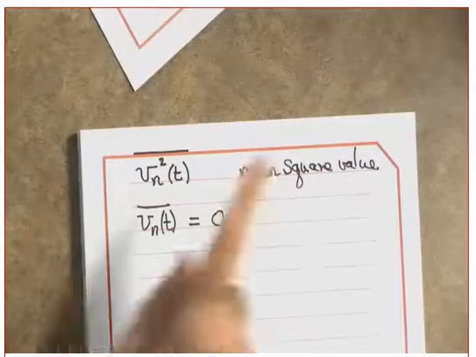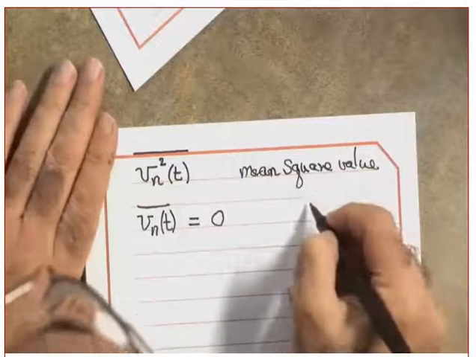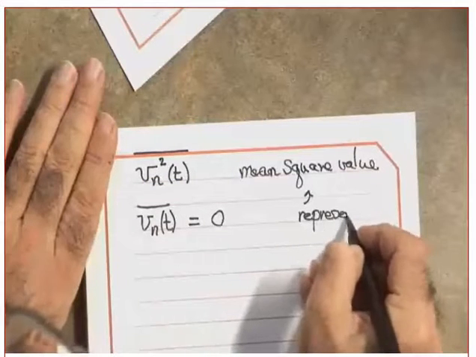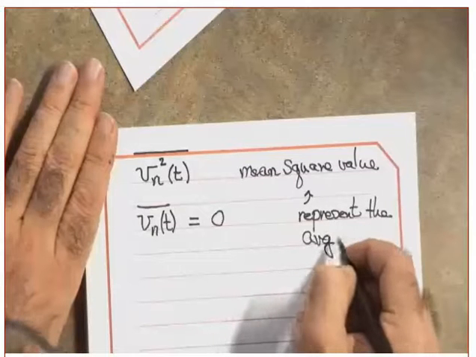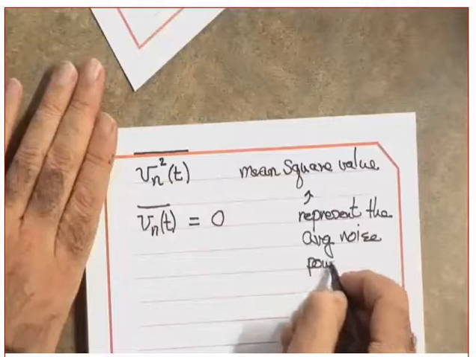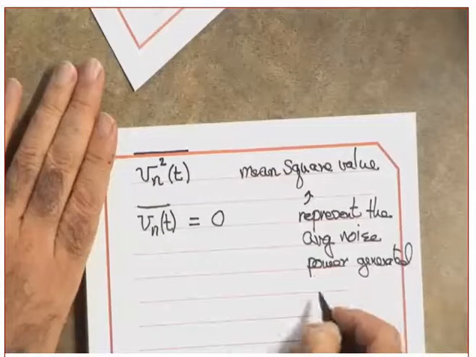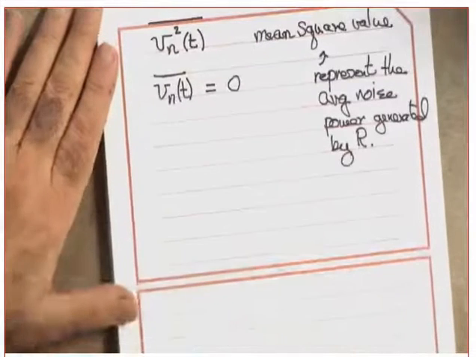Did you get this or not? What does this represent? The mean square value. This is called the average noise power generated by R. Clear?